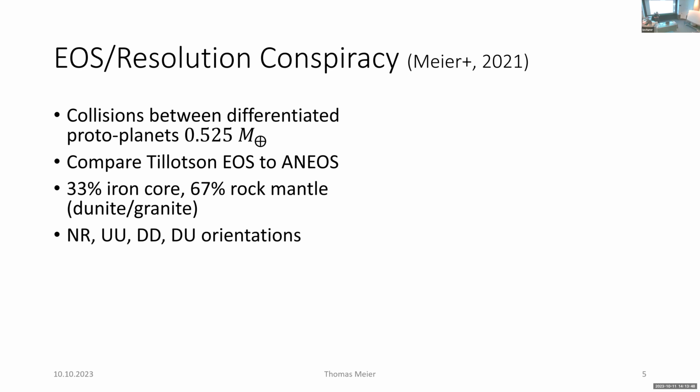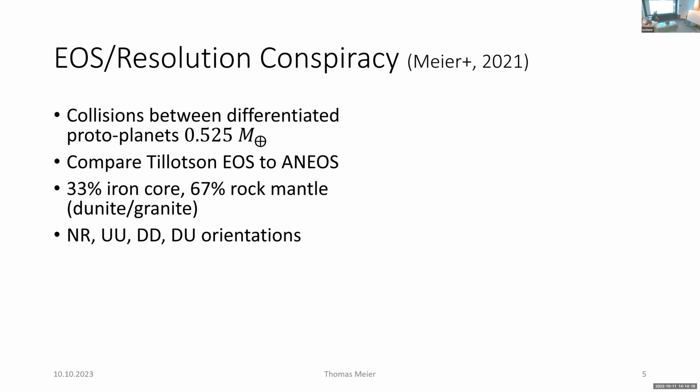And we studied different orientations of these spinning bodies. We had spinning bodies, and the orbit gives you essentially the orientation of your system. The two bodies collide like this, and it gives you a spin orbit in this direction. Spinning planets can then be oriented either in the same direction or in the counter direction.